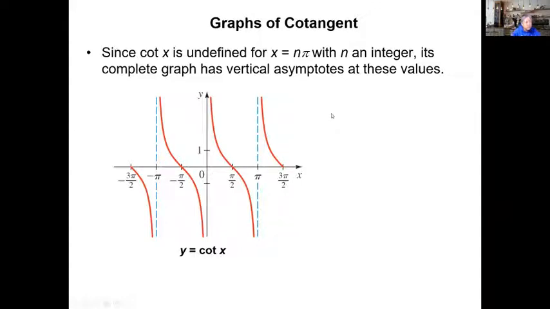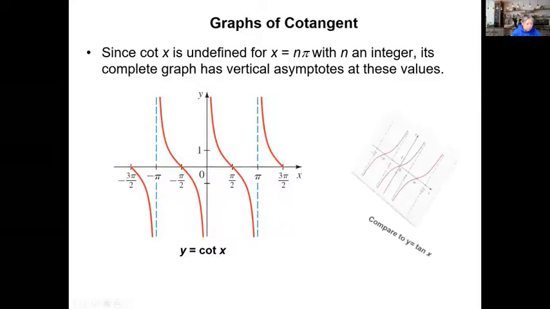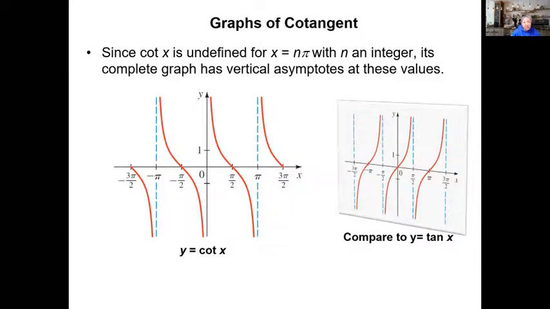Since cotangent of x is undefined for x values of n times pi, with n being integers, its complete graph has a vertical asymptote at these values. You can connect this fact to the key features of the tangent function. So now, this is the tangent graph, as you remember from 8.7, right?